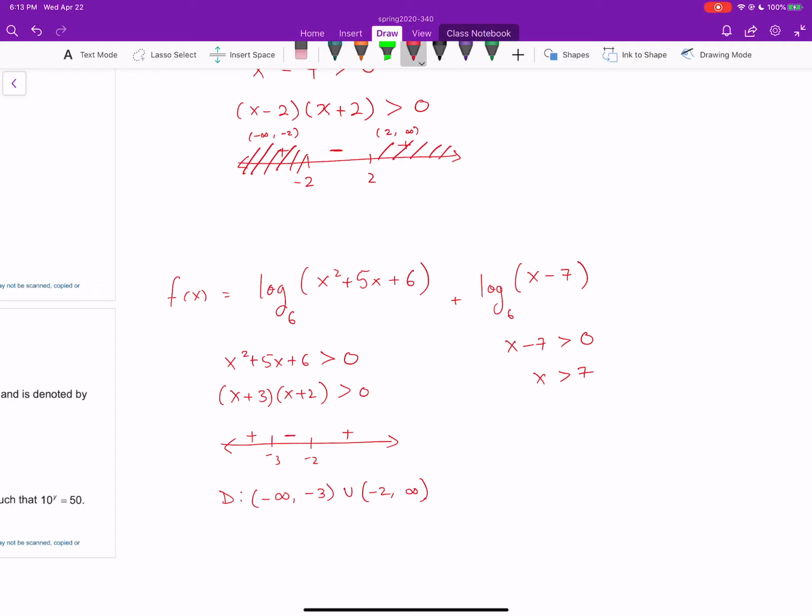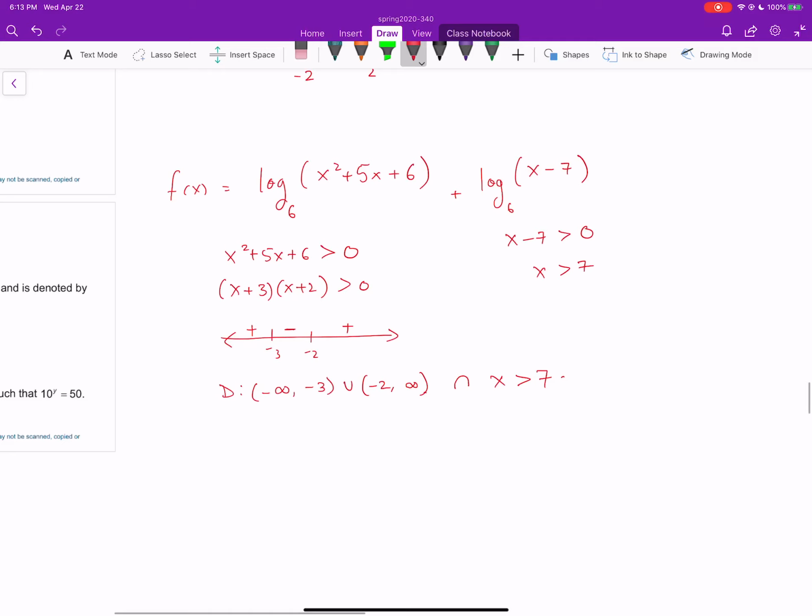Now if we combine the two, I'm doing the intersection with x greater than 7. Let's set it up on the number line. I like the number line, it makes things clearer to everybody. I'm going from negative infinity to negative 3, and then from negative 2 all the way out.